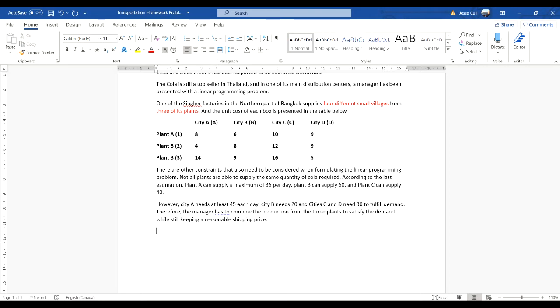So what we can do now, just for simplicity's sake, is begin putting together our objective function. Generally, to see if it's a shipping problem, we're trying to minimize cost.